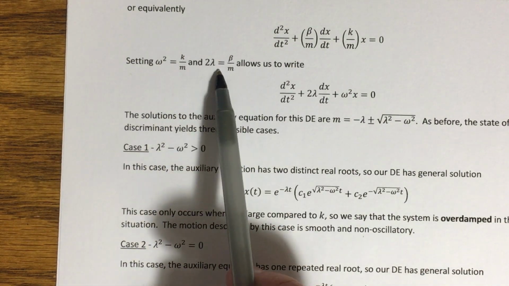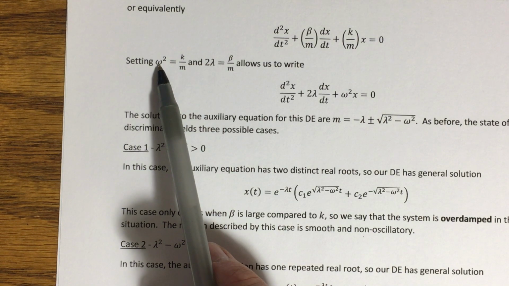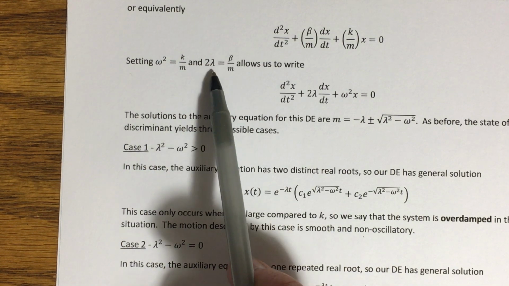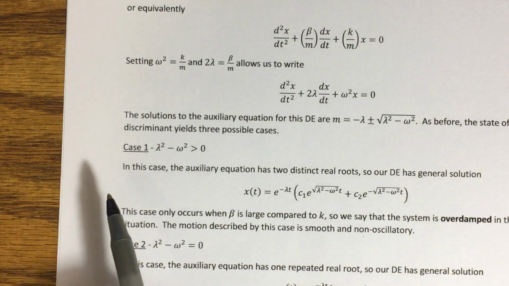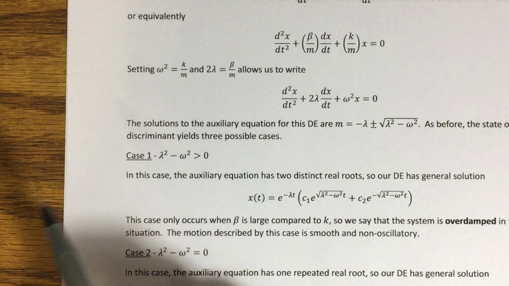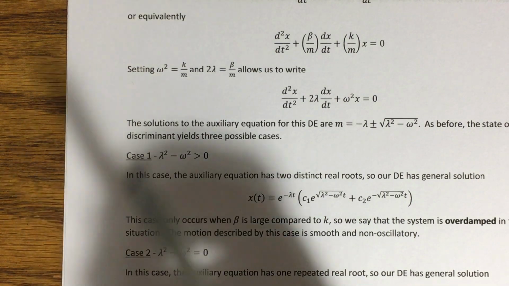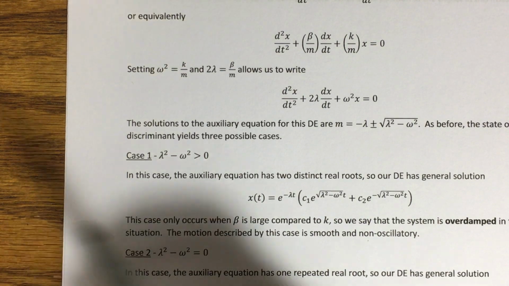Well, they both are being divided by m, but where they differ is the k that influences omega and the beta that influences lambda. Remember, k is your spring constant. So k is in a certain sense a measure of how strong that restoring force of the spring is. Beta comes from your damping force.